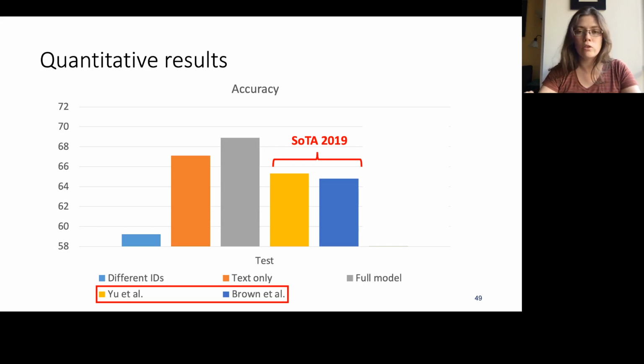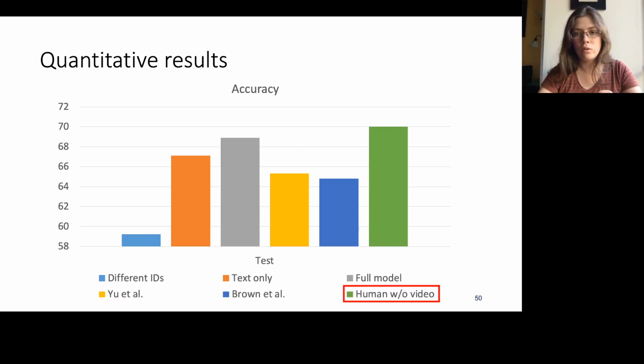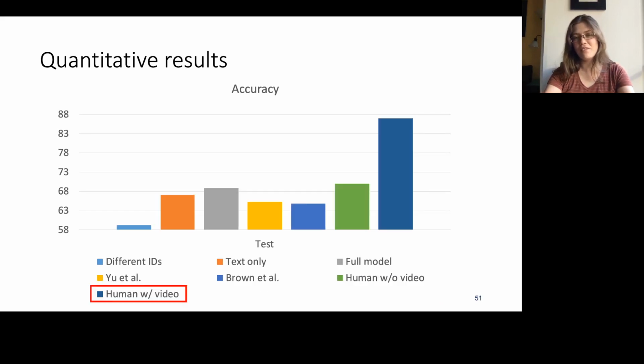Both of those methods actually rely on sort of local decisions about pairs of blanks, whether they are a match or not, which is different from our method, which is, like I said, addressing this in a more holistic manner as a sequence-to-sequence problem. Now, human who does not see video does better than all of these methods. And now if we zoom out, we kind of see that, well, humans who can see video does even better. So there is indeed a large room for improvement here.